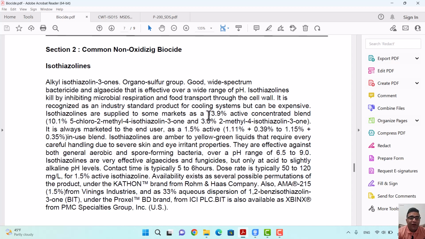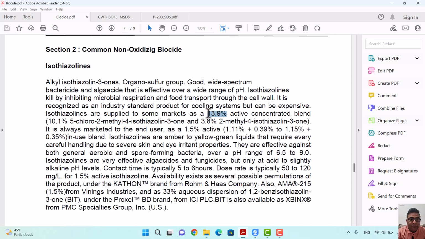It is supplied to the market as a 14% active concentrated blend with these formulations: 5-chloro-2-methyl-4-isothiazolin-3-one plus 2-methyl-4-isothiazolin-3-one. But to the end user, it is 1.5% active.